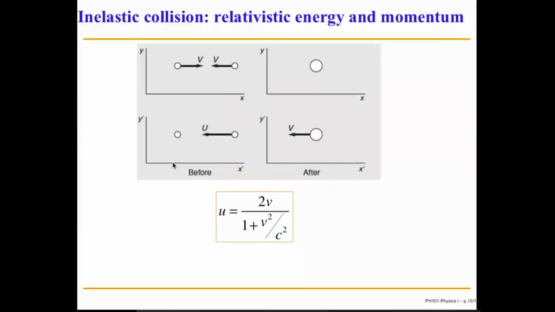Now, the point is that if we try to treat that relativistically, what we see is that there is one frame xy, which is the original frame, let's say, quote unquote original frame, and there is a frame x prime y prime which is moving with one of the particles.